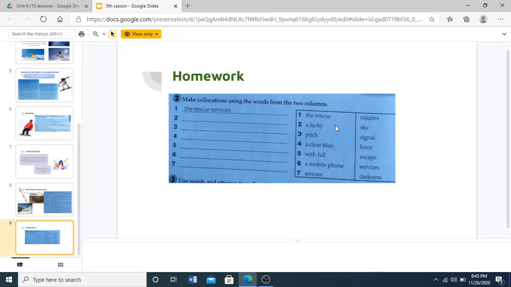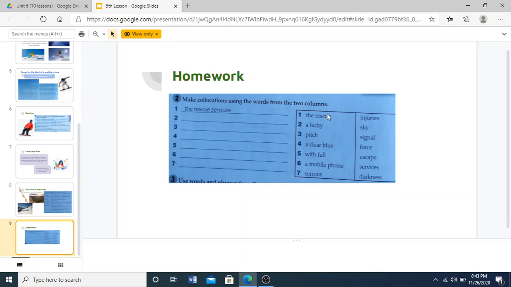The column on the left has the following words: the rescue, a lucky, pitch, a clear blue, with full, a mobile phone, serious. The words on the right are injuries, sky, signal, force, escape, services, darkness.